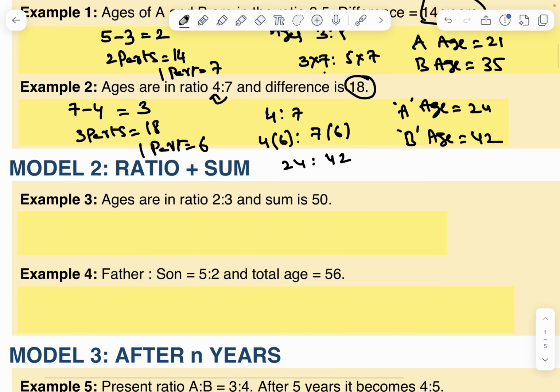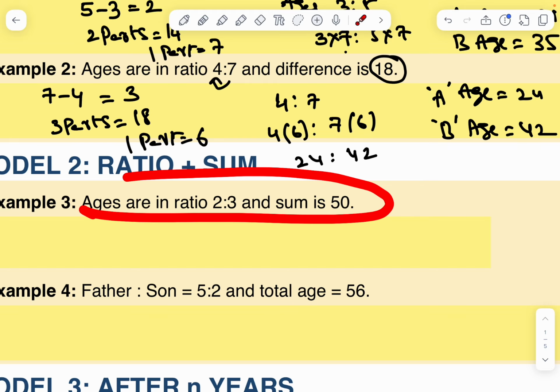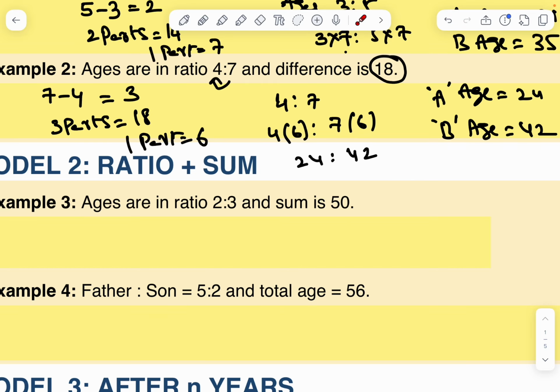Second model: ratio plus sum. Simple. Ages are in the ratio 2:3 and the sum is 50. Then find A and B. Total parts is 2 plus 3 is equal to 5.